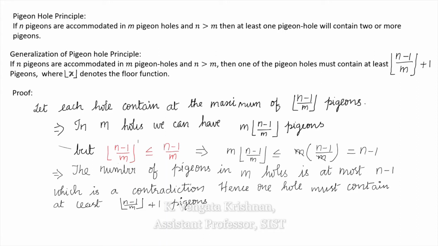This is a contradiction, being one short of the total number of pigeons. Therefore at least one hole should contain at least the floor of (n minus 1) by m, plus 1 pigeons. This is the generalized pigeonhole principle.